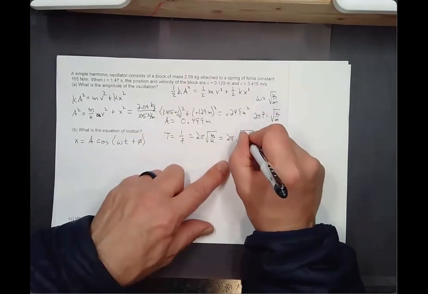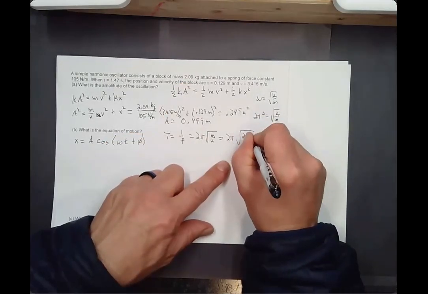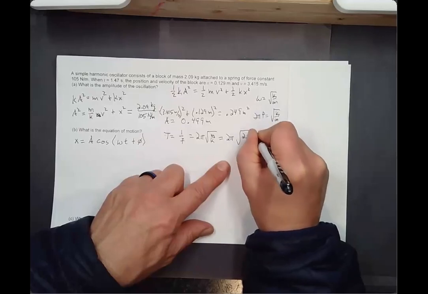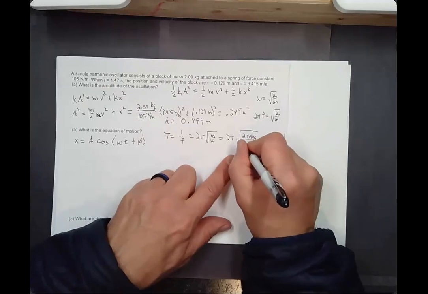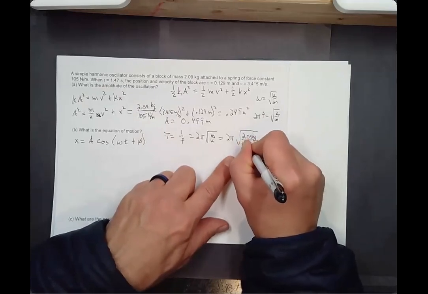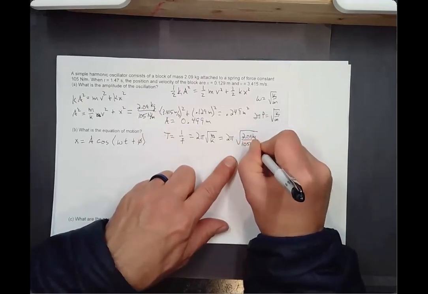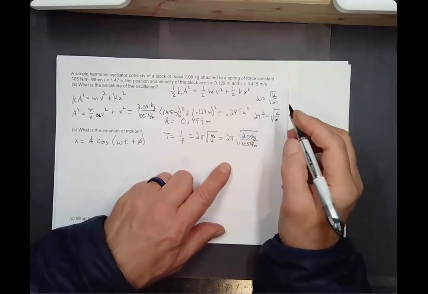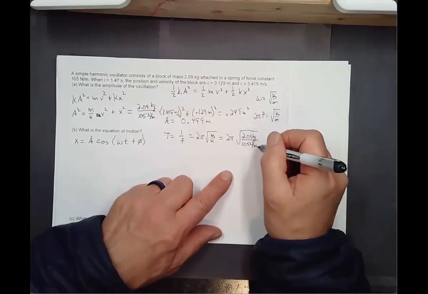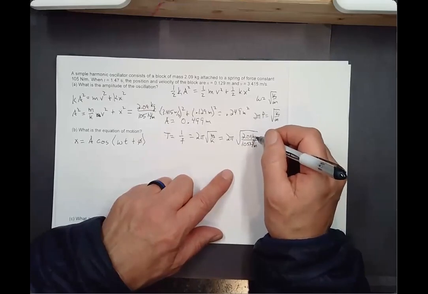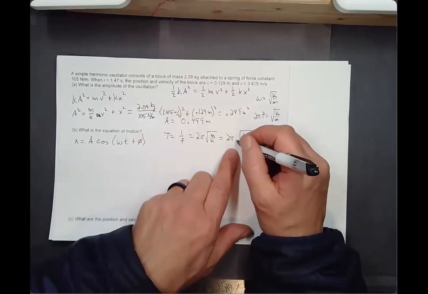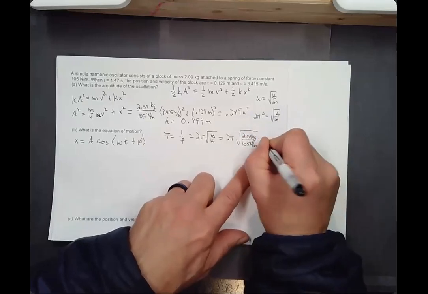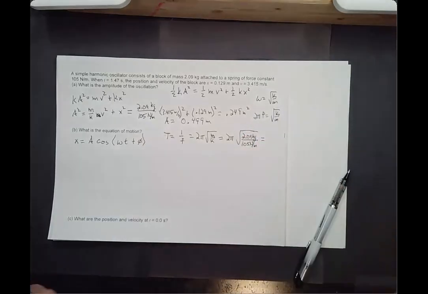2.09 kilograms divided by 105 newtons per meter. And again, that's a kilogram per second squared. Divide a kilogram by that, and I'll end up with seconds squared. When I take a square root, I get seconds. So yes, I'll have the period in seconds.